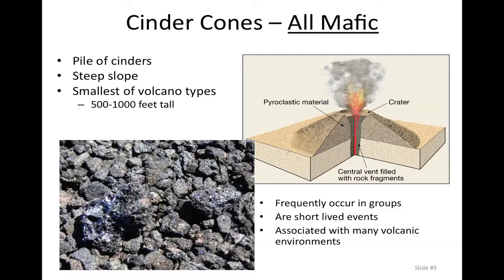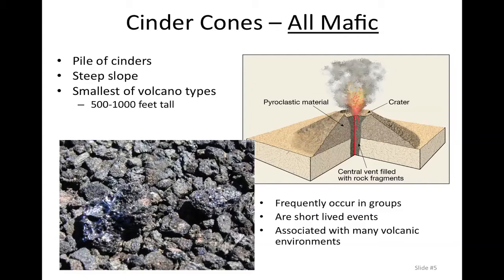Because cinder cones, as I mentioned, only last from a few days to 3 years tops, once that eruption is done, it's done, meaning it doesn't re-erupt again several years later. So cinder cones, once they finish their eruptive sequence, are called extinct. They do not re-erupt again.